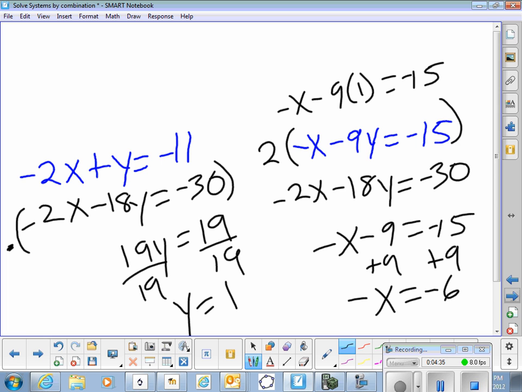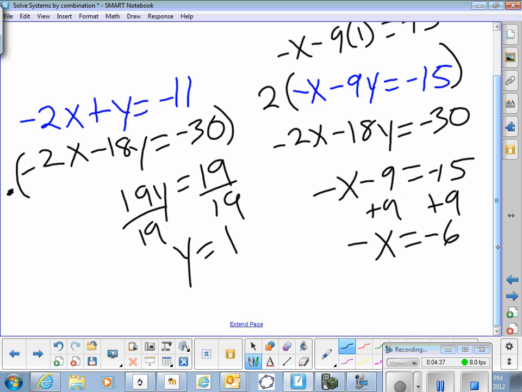Well, if negative x equals negative 6, would you guess that positive x equals positive 6? You can find out by dividing by negative 1. Negative divided by negative is positive. 6 divided by 1 is 6. So that would be 6, 1.